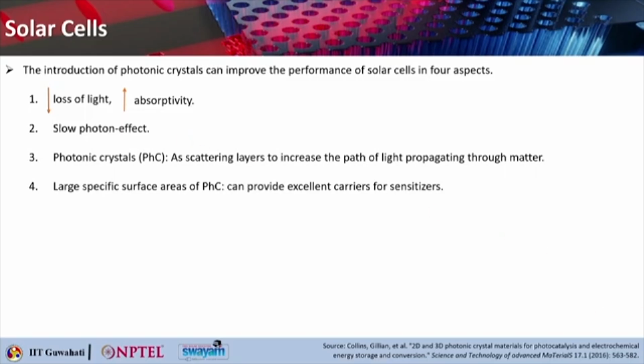And fourth, the photonic crystals have large specific surface areas, especially if you think of three-dimensional photonic crystals. Okay, they have really large surface areas which can provide excellent carriers for sensitizers.